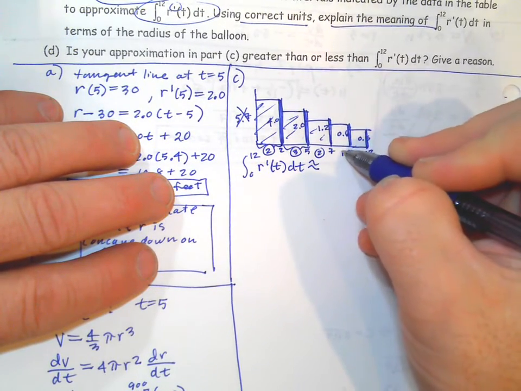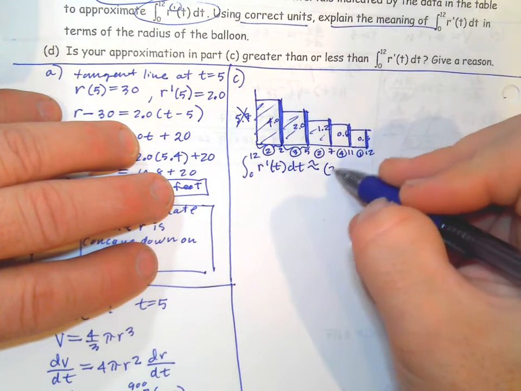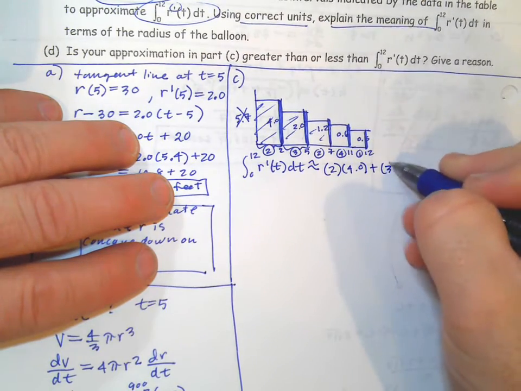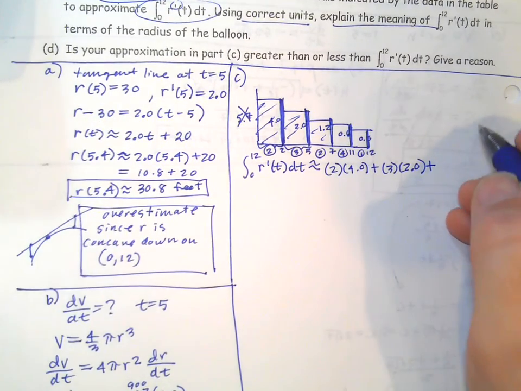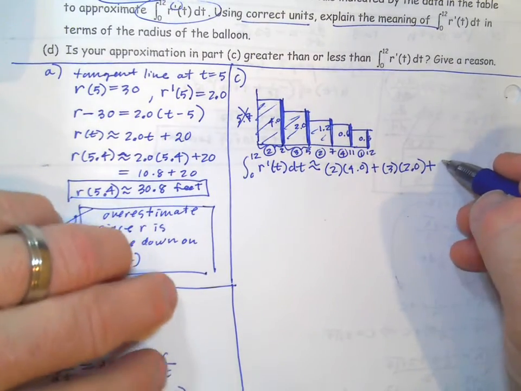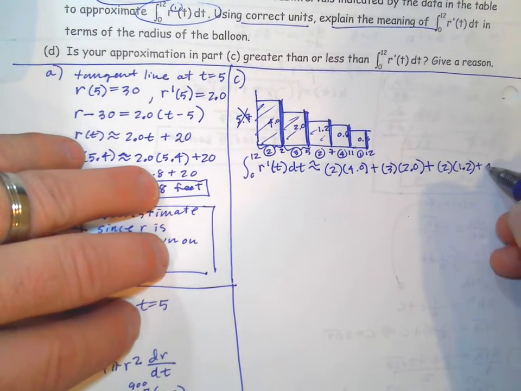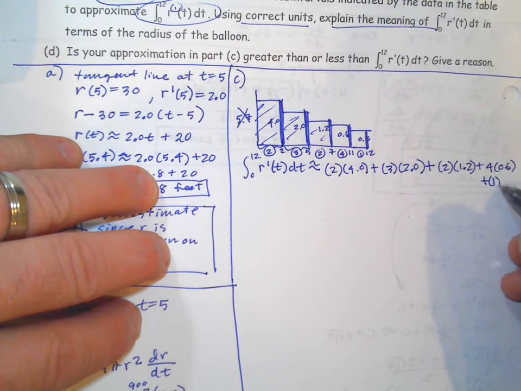Base of this one is 4. Base of this one is 1. So base times height, 2 times 4.0 plus 3 times 2.0. And this is work you need to show. You need to show this to get full credit for setting it up. Plus 2 times 1.2, 4 times 0.6, and 1 times 0.5.